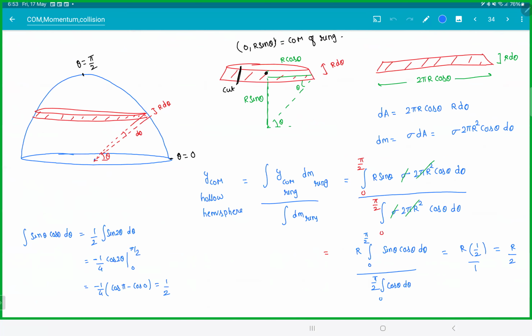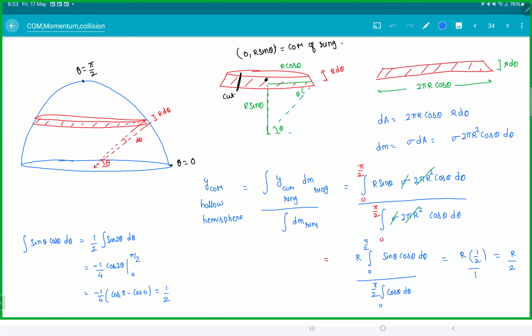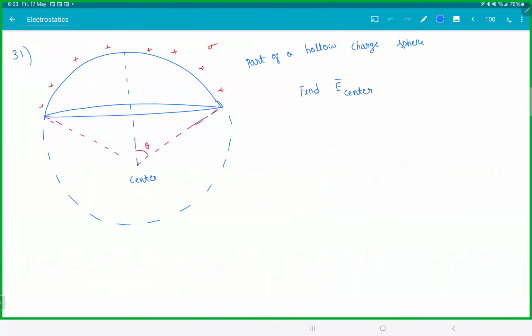This is how we choose elements. This is one of the most important things I taught you, how to choose elements for a given shape. It doesn't matter which chapter it is. The moment you see the shape, you should know how to choose elements. Then comes the remaining particular chapter ka thing. Exam में you can expect a hemisphere का question.